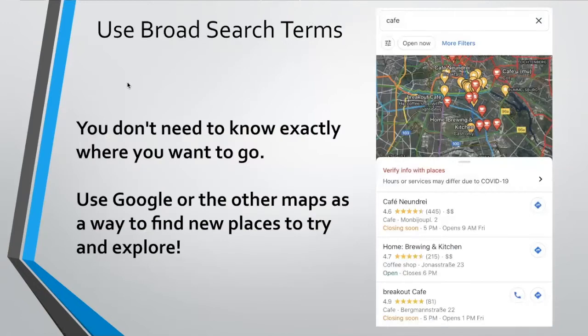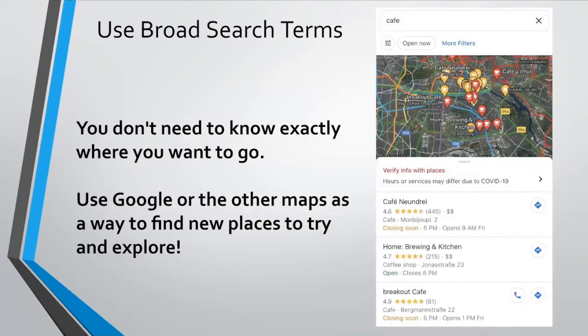All right. Using broad search terms. Okay, so this is very helpful. You don't need to know exactly where you want to go. So let's say, I do this all the time, I'm out with my friends, and we'll go climbing or something, and then afterwards we're like, oh shoot, we're really hungry, but we're in some place that we've never been to before.